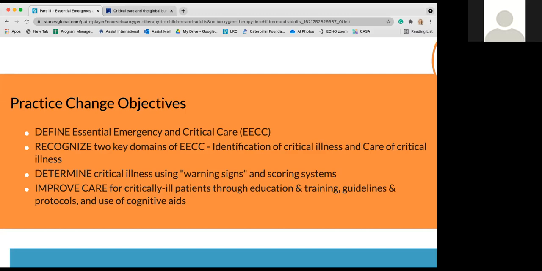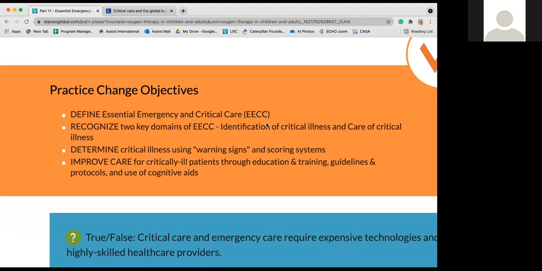We need to be able to determine critical illness using warning signs and scoring systems. I don't know how many systems you use, but we'll have a few examples. And lastly, we need to be able to improve care for the critically ill patient through education and training, guidelines and protocols, and the use of cognitive aids. I think that's what we are doing here. We're doing education and training, and we have been sharing guidelines and protocols throughout the year.